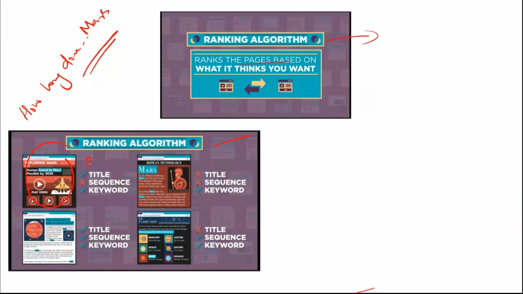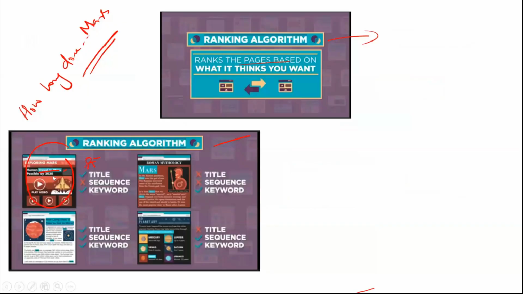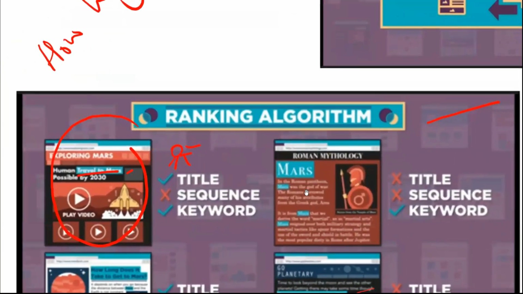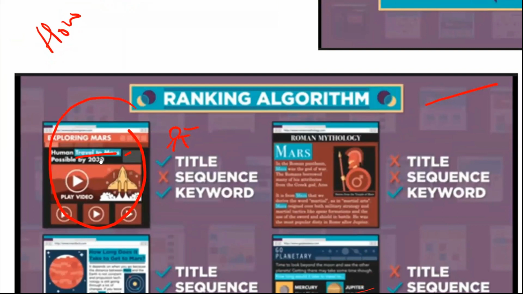So how does a ranking algorithm work? Suppose this is the first web page the search engine's spider crawled. And here it found "travel to Mars", if I zoom in a little bit. Yeah. Just see, "travel to Mars" is directly found in the title.